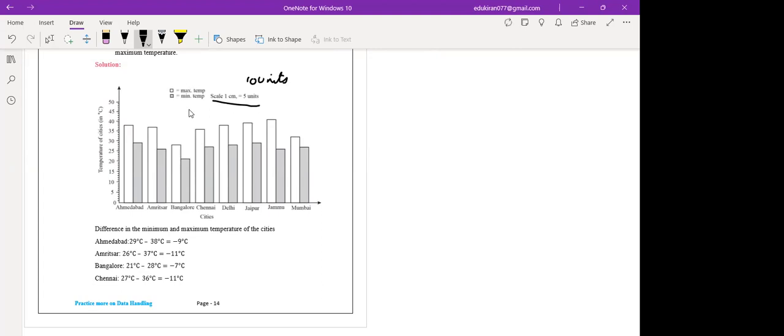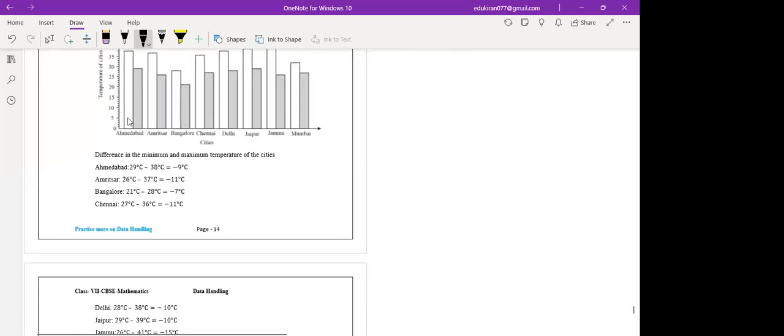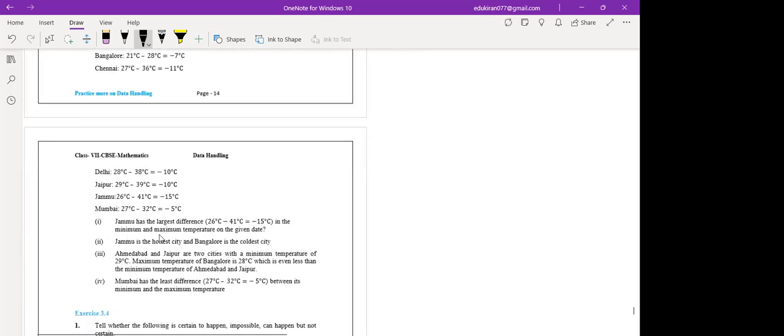It's not compulsion. You can even take the unit 20, 30, whatever you want. Now, when you do the differentiation, you got first one -9, -11, 7 like this. So first question, Jammu Kashmir has the largest difference, right? Yes, -15.